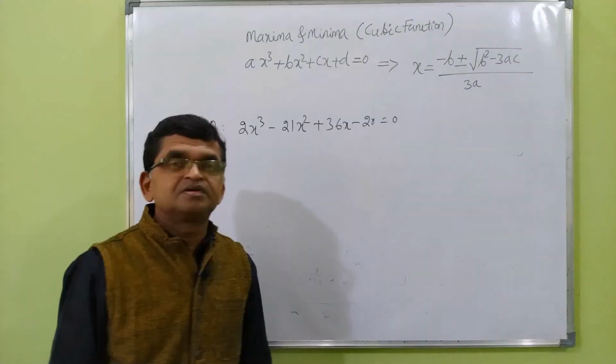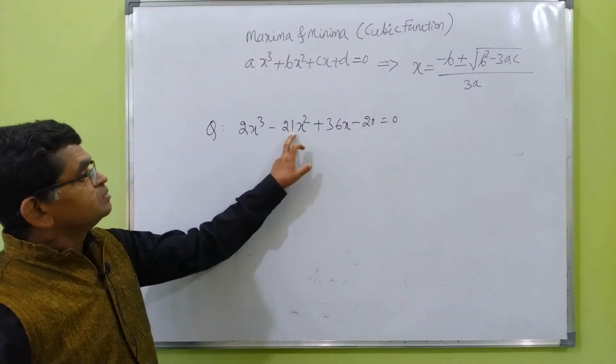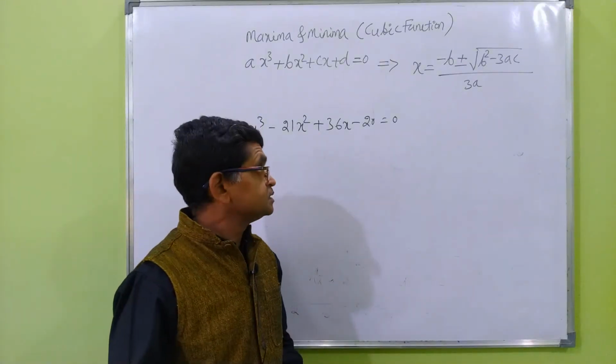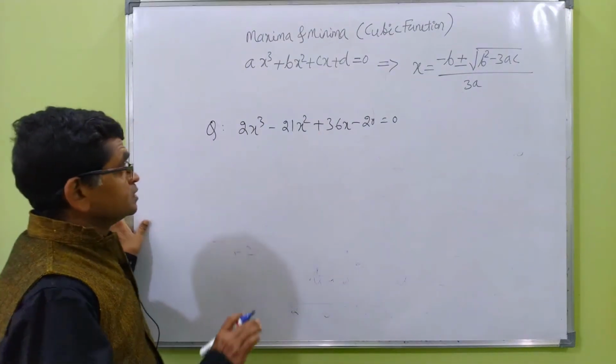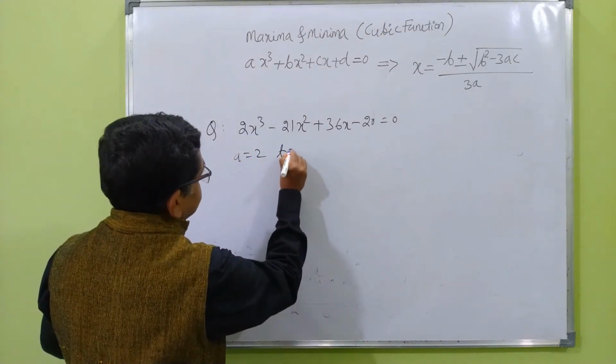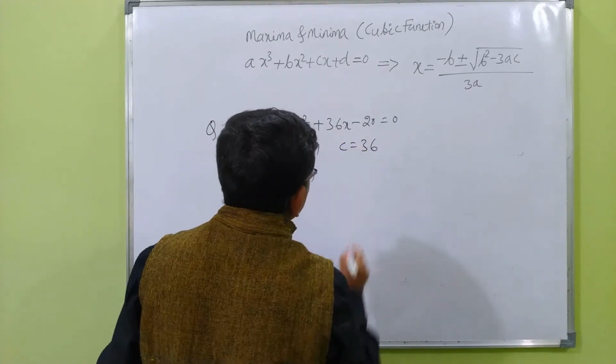You got it? Okay, consider another example. 2x cube minus 21x square plus 36x plus 20. Here a is 2, b is minus 21, c is 36.